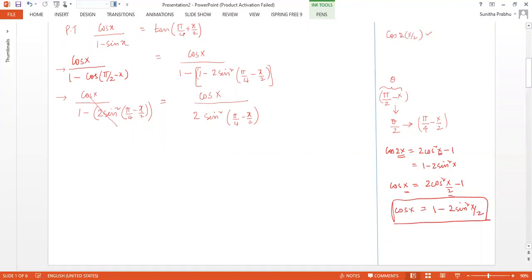Yeah, but here I'm getting pi by 4 plus, and here I'm having pi by 4 minus. Yes, sir. Okay, so when I'm changing sin x as cos 90 minus, it is always going to remain as pi by 4 minus x by 2. How do I get rid of this? And I'm having something tan out here.